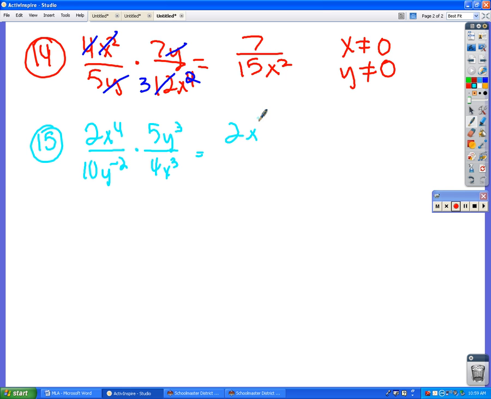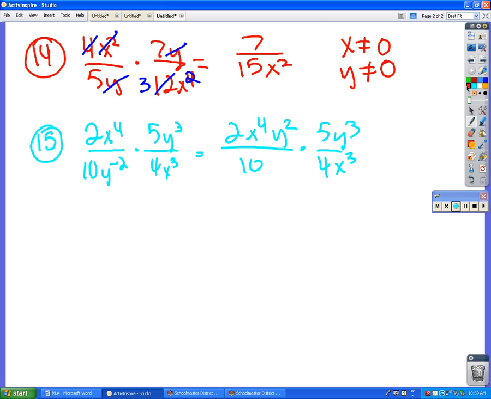So I need to rewrite this as 2x to the 4th y squared over 10 times 5y cubed over 4x cubed. Okay? Wait. So you just divide it by -1? Nope. Hold on. Because we're still trying to understand how I got from the first step to the second step.